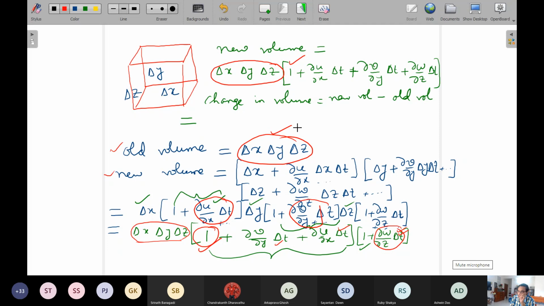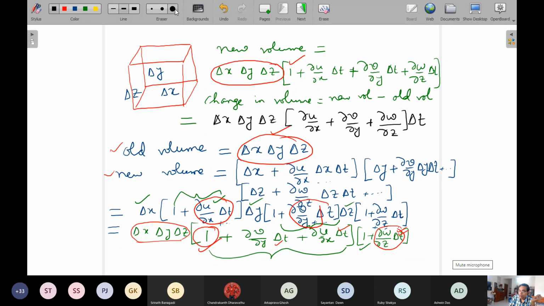When you subtract these two, the first term will be gone. So you will have delta x into delta y into delta z. Okay.